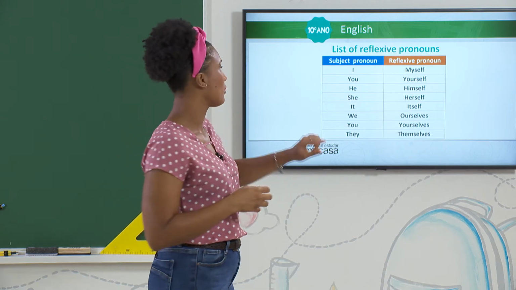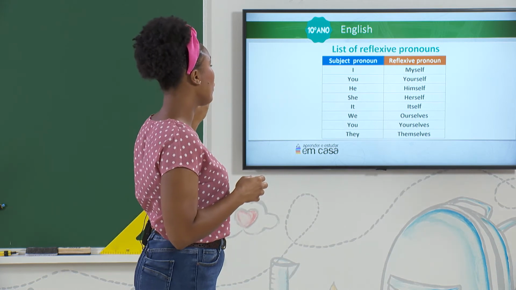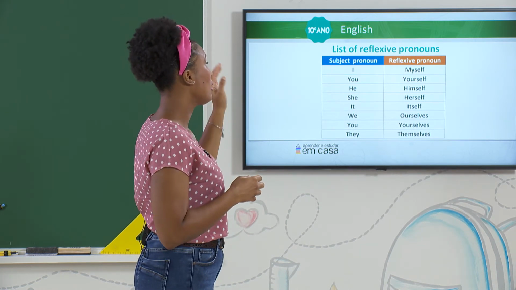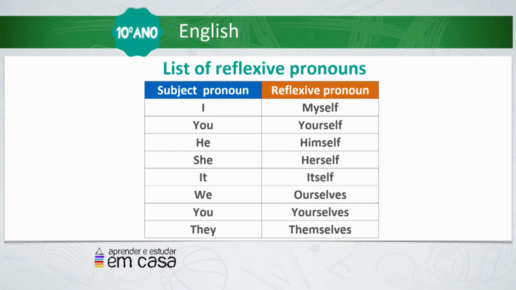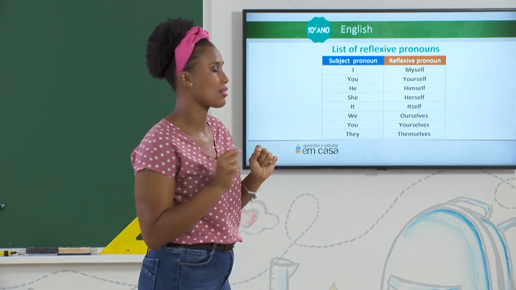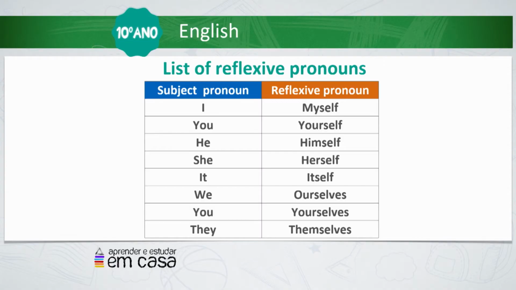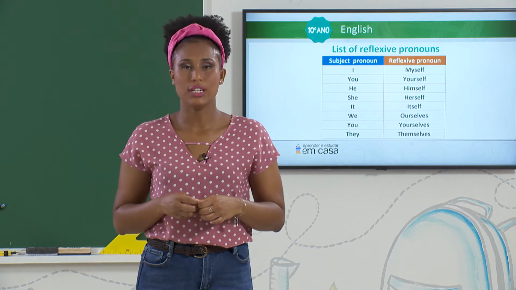Notice that from the first person singular to the third person singular, the reflexive pronoun ends in self, with an F. But when we get to the first person plural, it changes. We, ourselves. Pay attention: ourselves, it's plural. You, yourselves. And they, themselves. Easy, right?